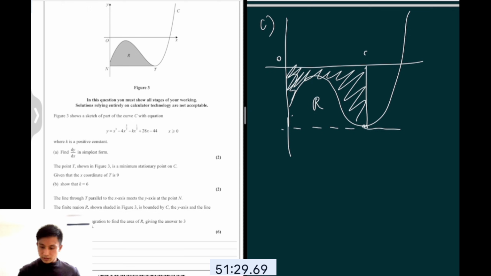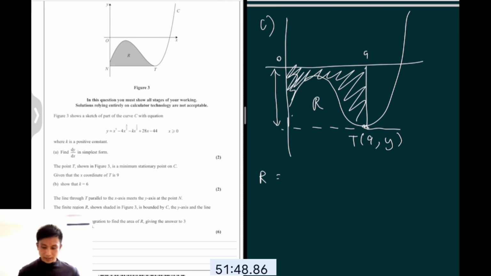So this is 0 to 9, yeah? So that means R is equal to the rectangle minus that area. We need to find the y-coordinate first of that point T down there, right? So this point T is 9 and whatever y is.